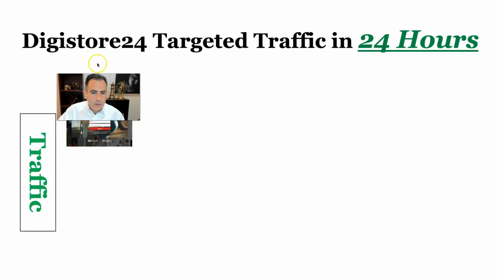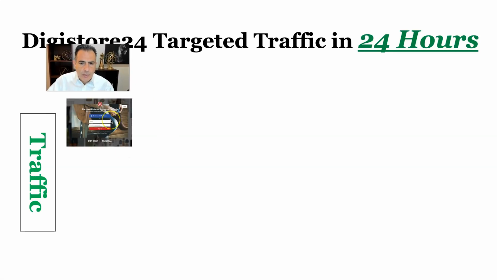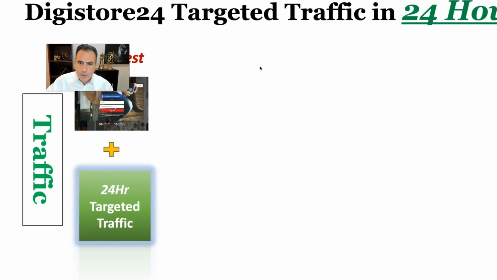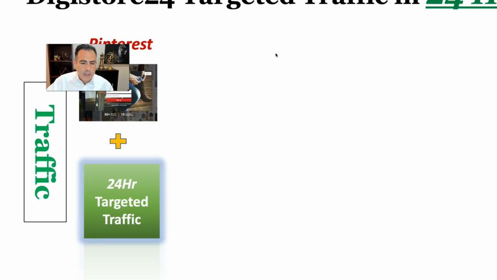The traffic we talked about, coming from Pinterest, is a free platform. As you know, and you're smart enough to know, when you are using a free platform, it takes a while for it to start producing anything, simply because you're starting with one pin. So the best way to do it, and what most successful affiliates do to get to their target and start generating money quickly, is by using 24-hour targeted traffic.